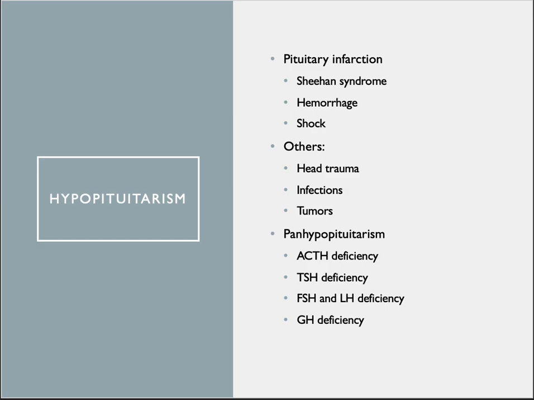Sheehan syndrome is a specific loss of blood during childbirth. So either they hemorrhaged during childbirth or they had a really, really low blood pressure for another reason. We call that Sheehan syndrome. It's the same, though, it's particular to childbirth.